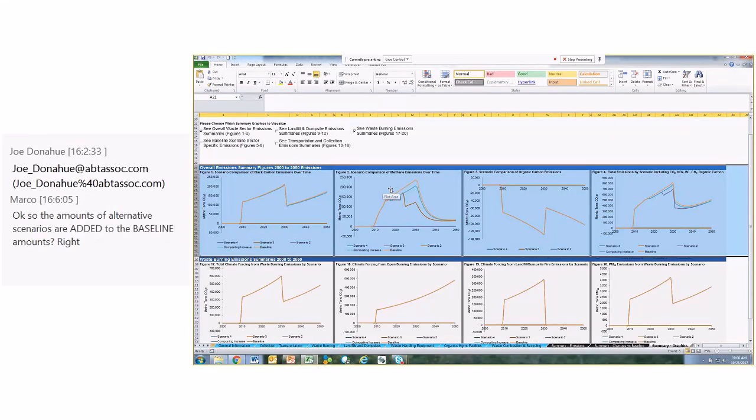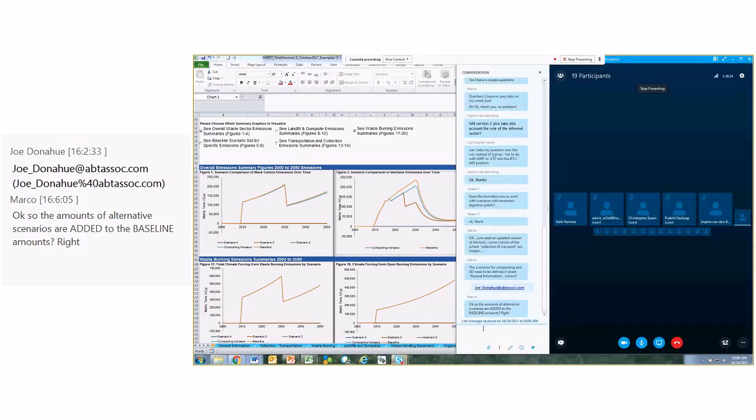So you can look at the methane emissions, for example, from all the different scenarios, and you can compare your baseline scenario to the composting increase scenario. The scenarios 2 through 4 are blank right now, so you can drop them. But anyway, I wasn't prepared to run through that example, but that gives you a sense of what it would look like.